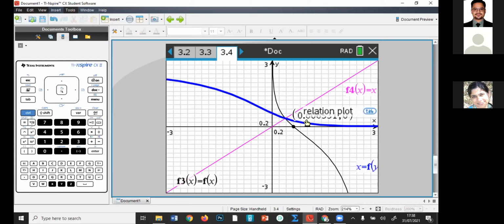And this point was 0.606531 comma 0. So obviously this point will become y comma x, so this will be 0 comma 0.606531. Hassan, can we use this text feature in the exam mode? We cannot use this in exam mode.